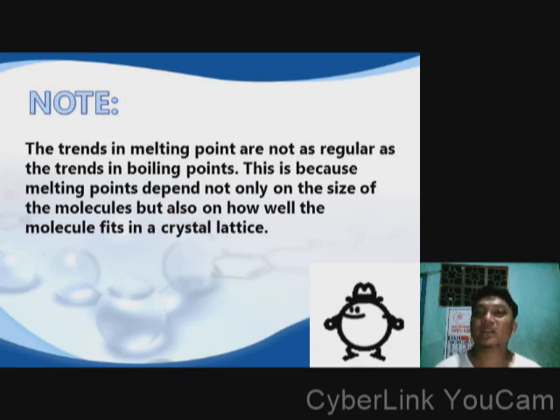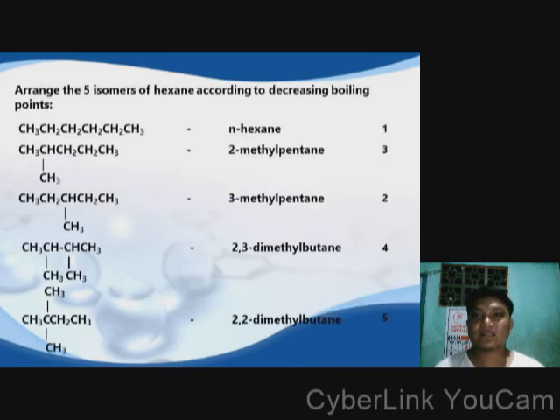The trends in melting point are not as regular as the trends in boiling points because of your molecular fitting sa crystal lattice. Okay? May sagot naman na siya. So, tignan nyo na lang kung bakit. I-prove nyo na lang kung bakit.